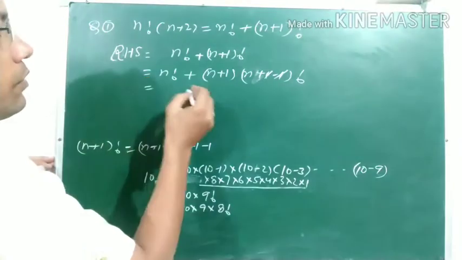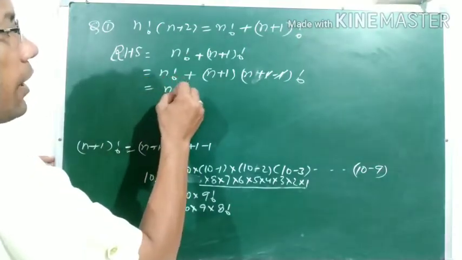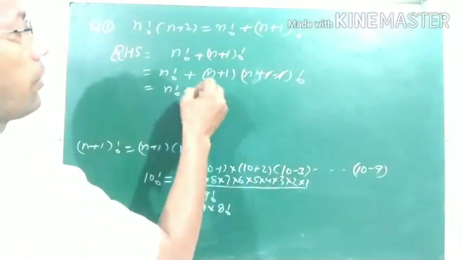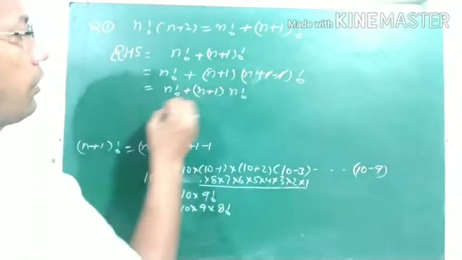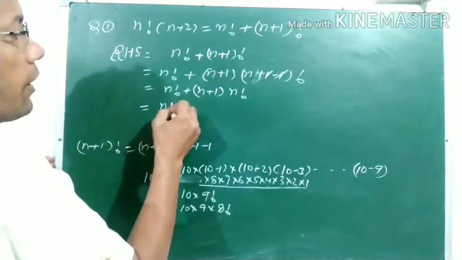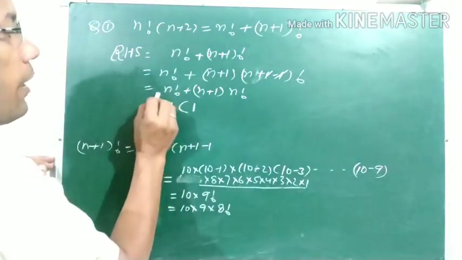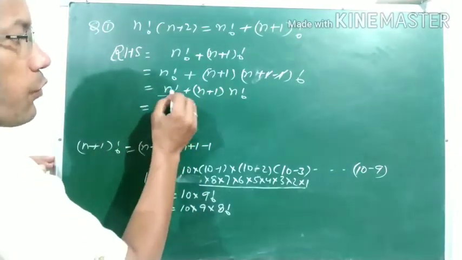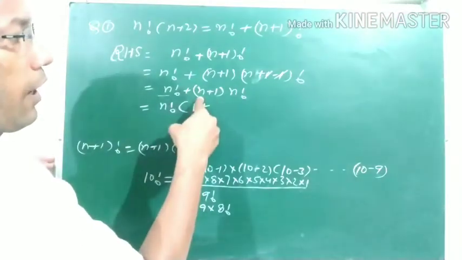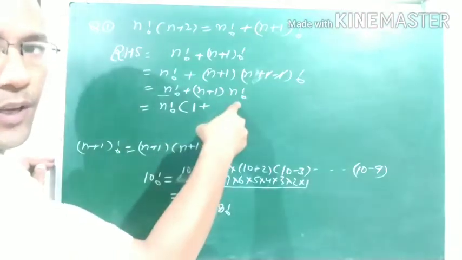So now this is n factorial plus n plus 1 into n factorial. Now take n factorial as common. So what we get is 1 plus n plus 1, into n factorial.